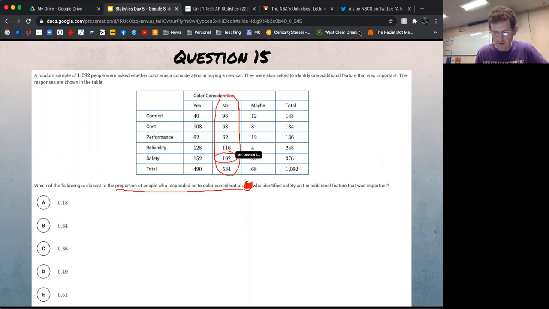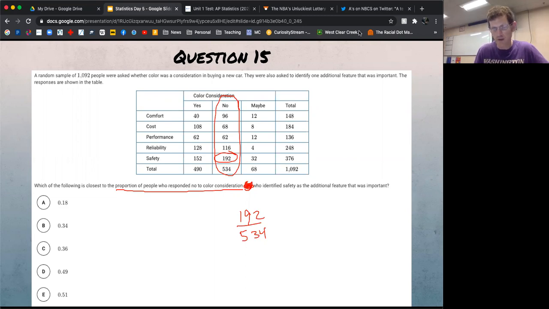So 192 out of 534. It's a very subtle and tricky thing, but you have to consider, is there a condition? Is it a conditional distribution they're looking at?